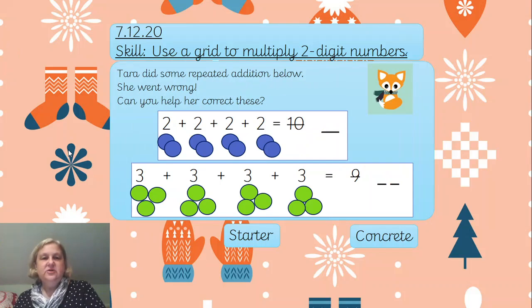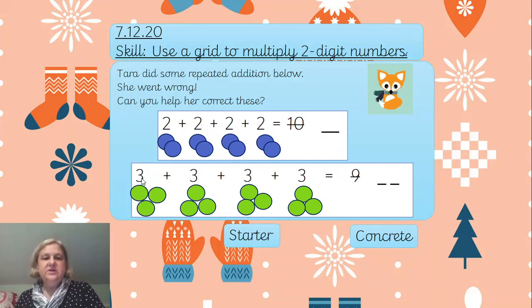And if you were doing the call this morning, you would have this one, which is some repeated addition. And again, Tara's been doing her work not very well. She's got the wrong answers here. She's got 2, doing a repeated addition, counting it on in 2s, 4, 6, 8. And she's counting 1 extra, so you've got 1, 2, 3, 4, 5, 6, 7, 8, which we can double check, so her answer should have been 8.